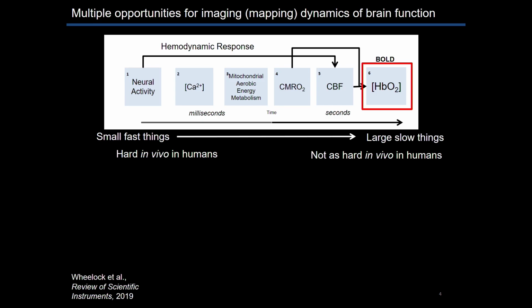So again, going all the way from very small, fast things that are very challenging to image in vivo in humans, up to very large and relatively slow things that are less challenging in humans.